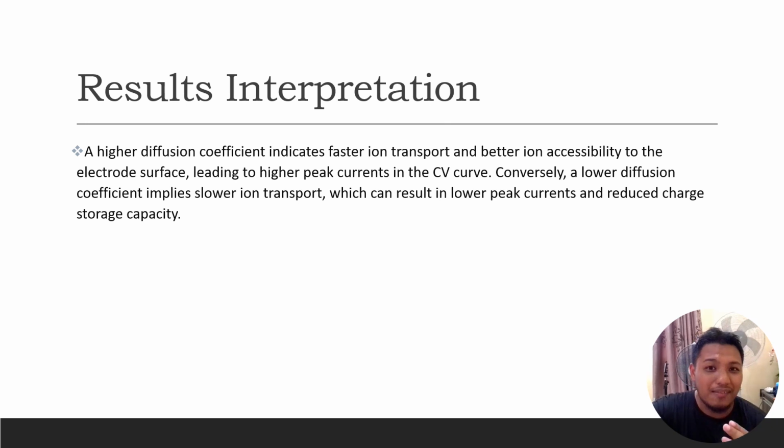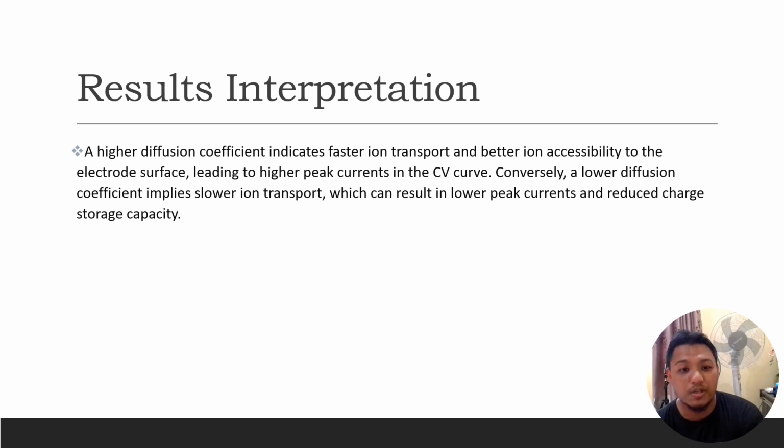It's quite easy. The higher the diffusion coefficient, the higher the D value, the faster the electron transport and the better the ion accessibility to the electrode surface, leading to a higher peak current in the CV.